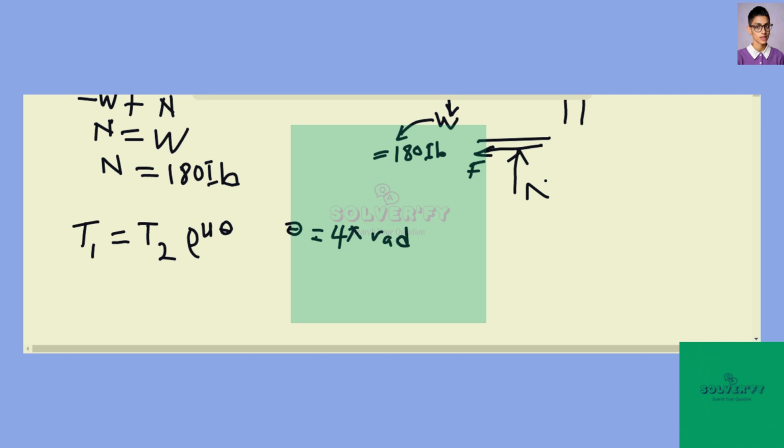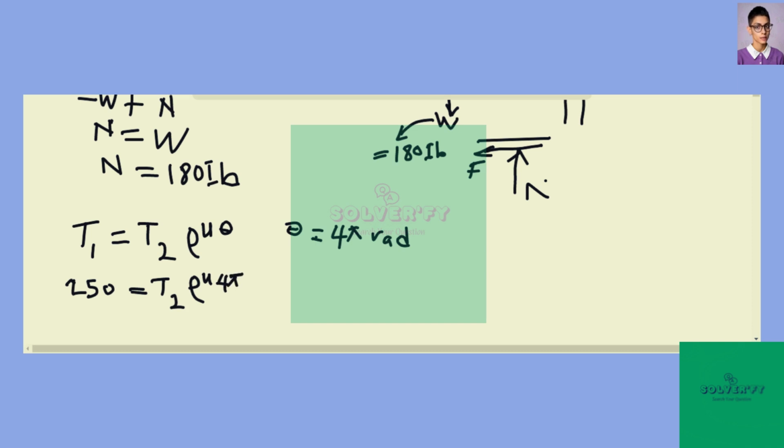So when we apply all the relations, we can see that the force exerted by the animal, 250 lb, is T1. Then the coefficient of friction between the tree and the rope is given, and the angle is 4 pi rad.